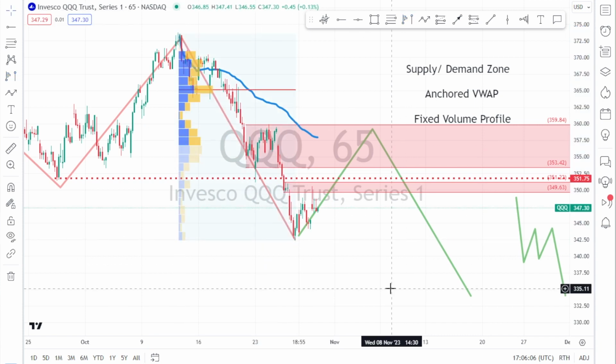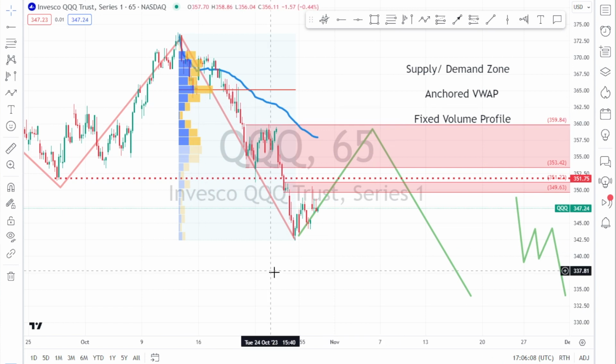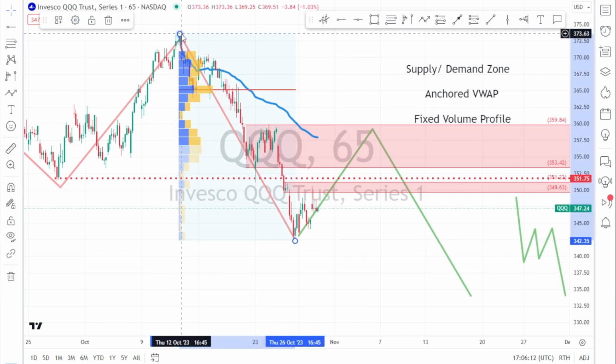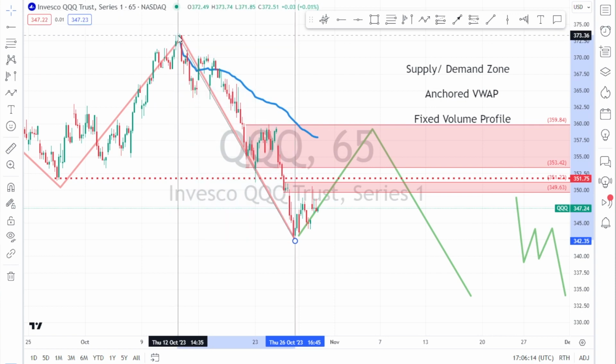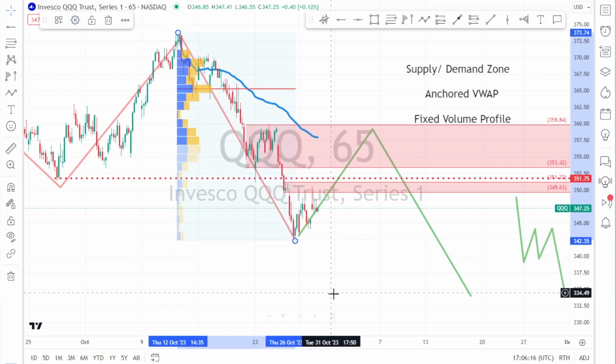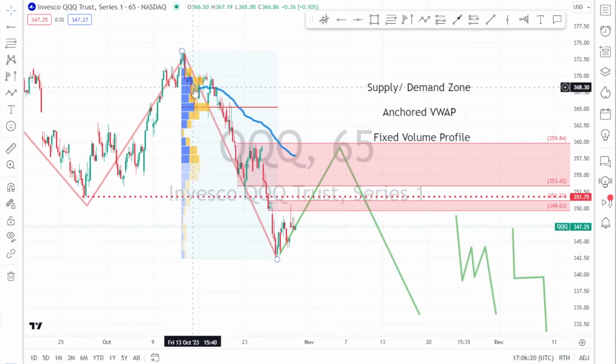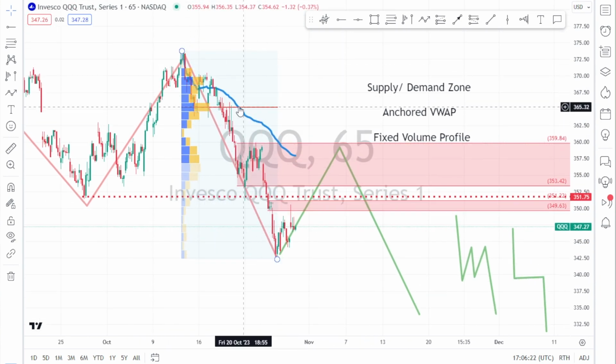Okay, now this one's showing that most of the volume, and that red line right there is what's called the point of control, POC, and that's where the volume peak is.